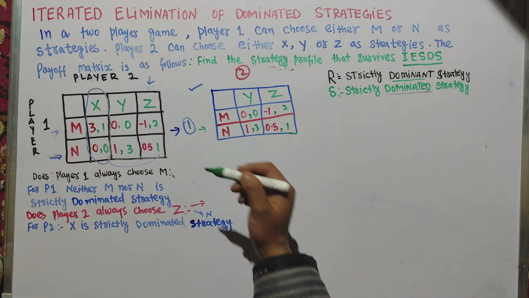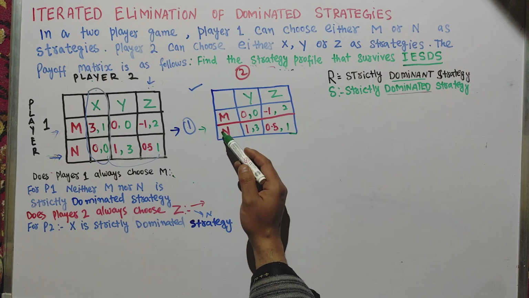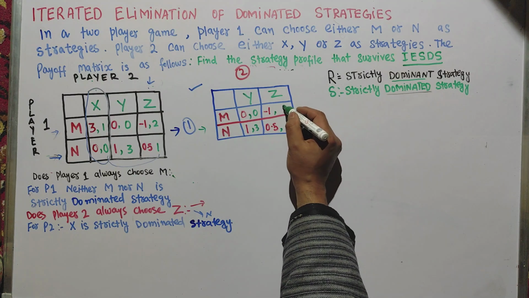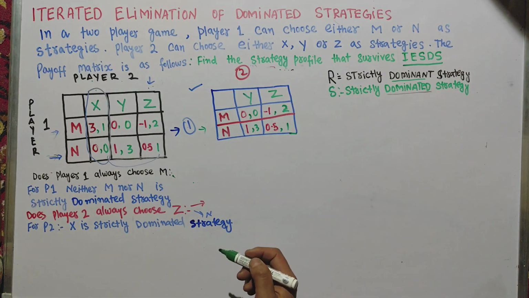Again, let us take player 1 into consideration. Does player 1 always choose M here, whatever player 2 chooses? Let us see.